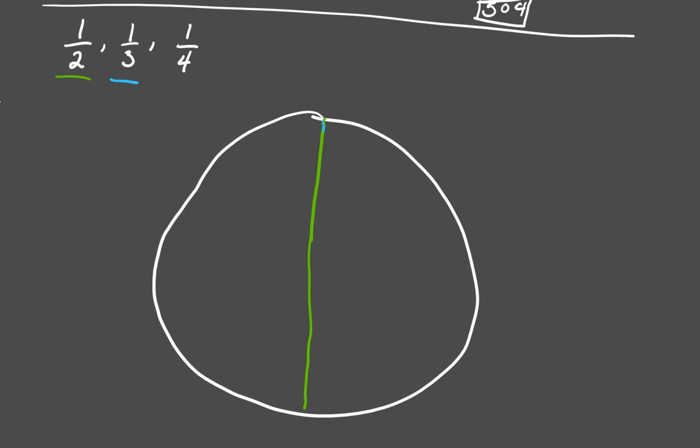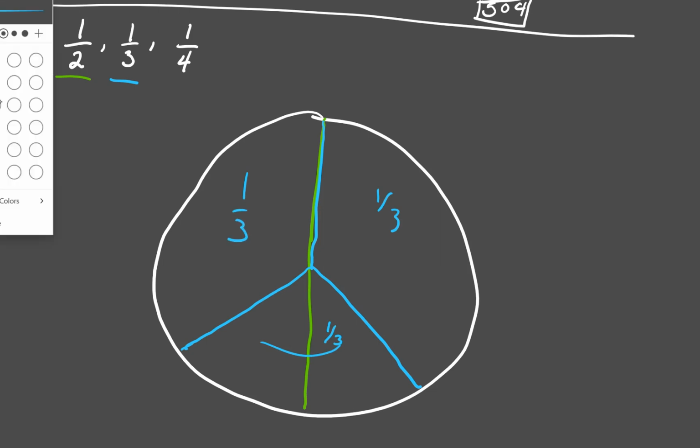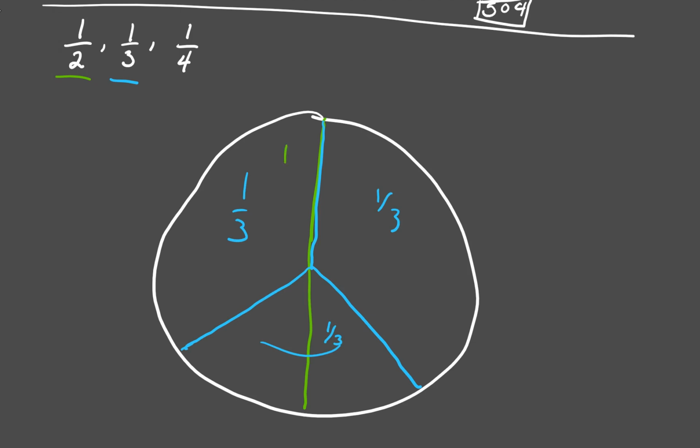So for thirds, I start out the same, but then I go off this way and I go off this way. It's kind of like a peace sign sort of deal. But here's 1/3. This thing together is 1/3. This is 1/3. We can sort of see that this is 1/2 and this is 1/2 there.